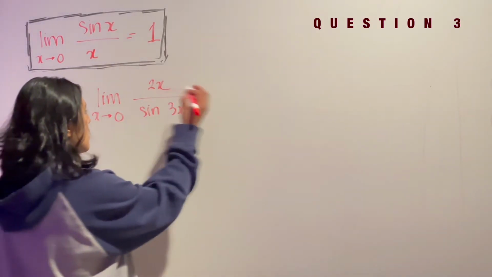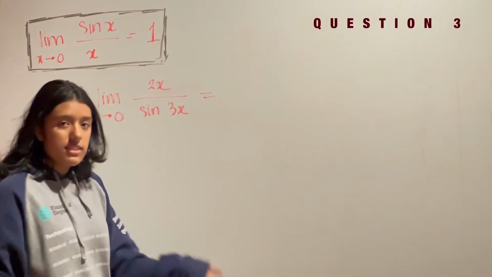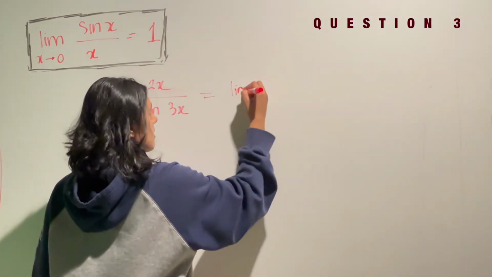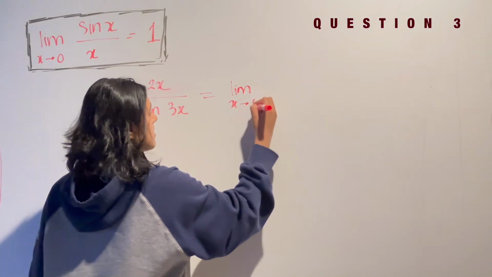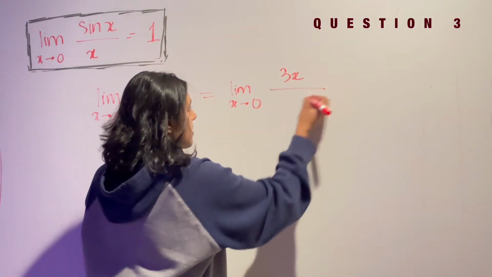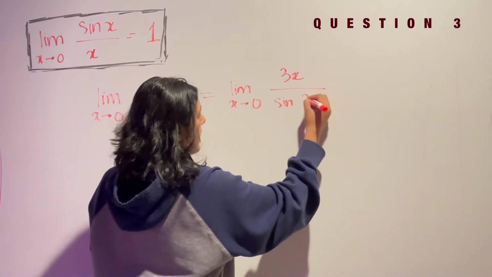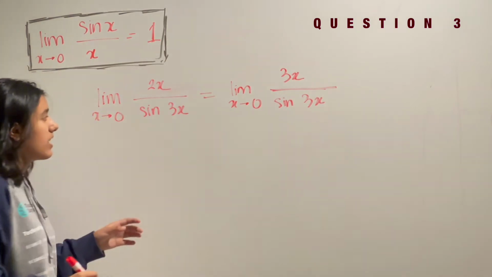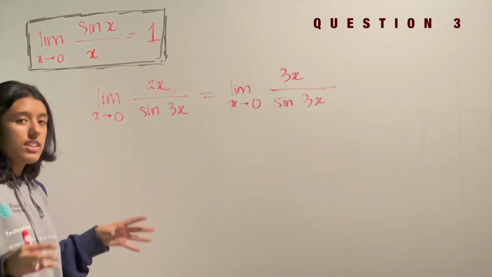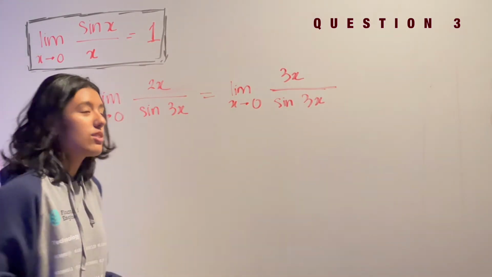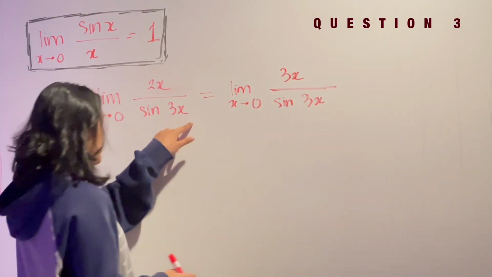So let's apply the same exact procedure. Let's say the limit as x tends to 0 of 3x over sine 3x. The reason I'm making this 3x is because eventually it will cancel out and become 1. You'll see. So this is obviously not equal to this, so what can we multiply with this so that it actually equals this?